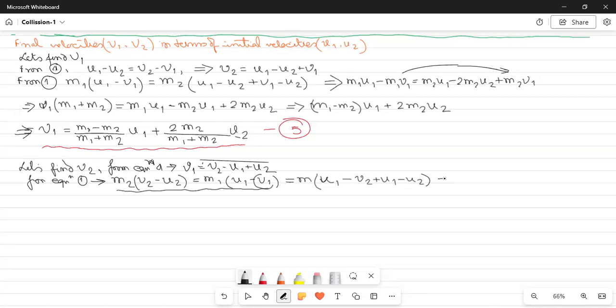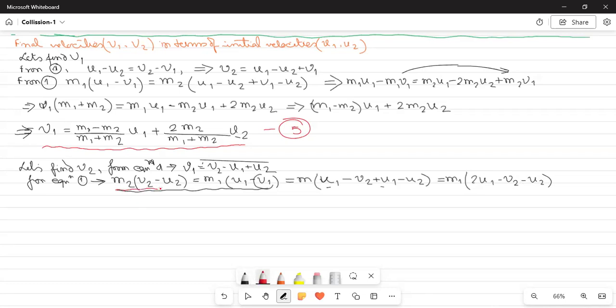This is equal to m1, there are two u1s, so 2u1 minus v2 minus u2. So our left-hand side was this and right-hand side is this.